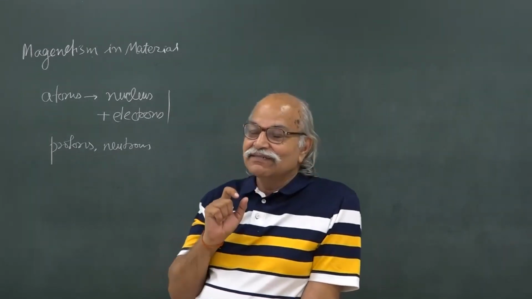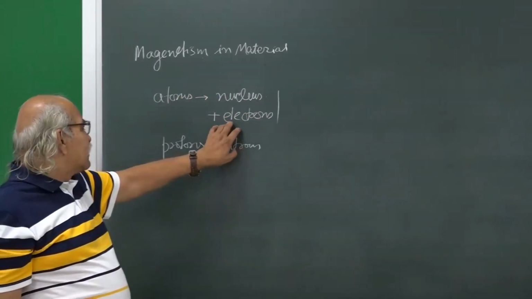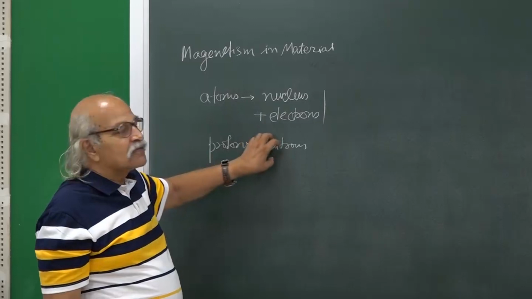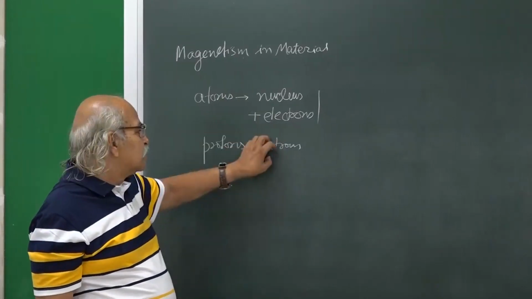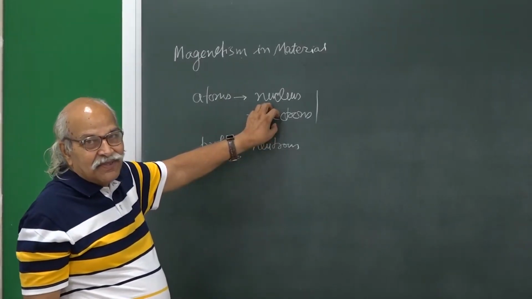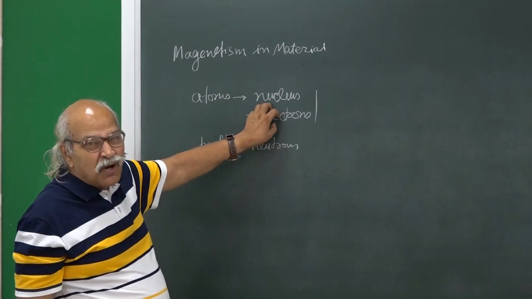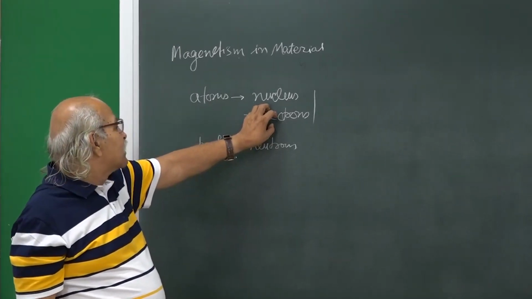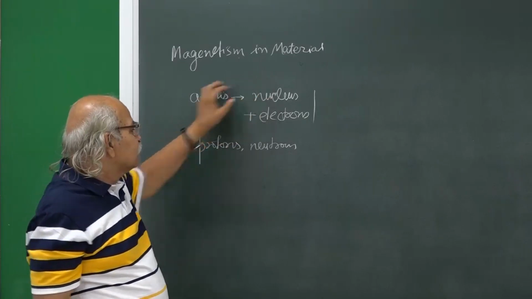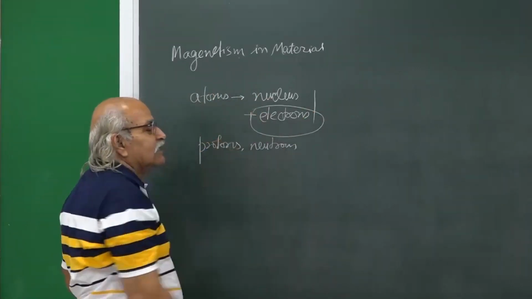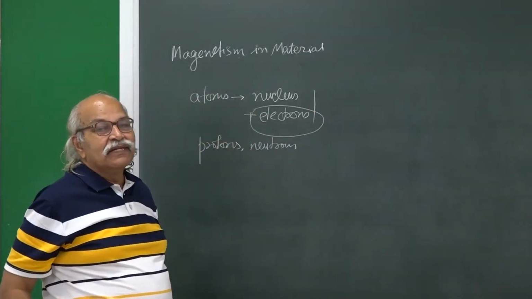So, this is an important thing to know, and the magnetic dipole moment of protons and neutrons are very, very small as compared to that of the electron, and therefore, we do not talk of the magnetic moment of the nucleus, we only talk in terms of the magnetic moment of the electrons.